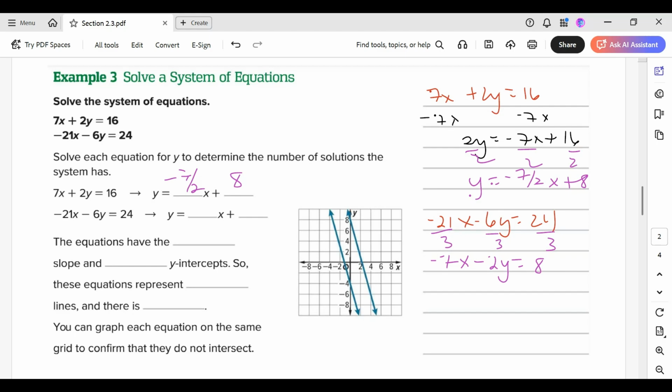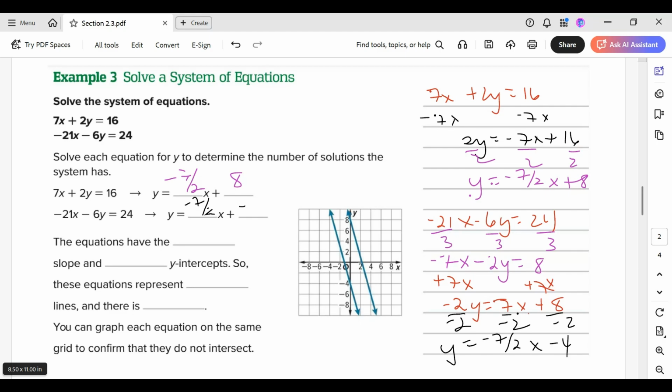We are going to then add 7x over, and we get negative 2y equaling 7x plus 8. And then we need to divide everything by negative 2. And we get y equals negative 7 halves x minus 4.